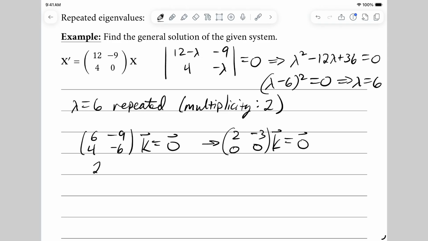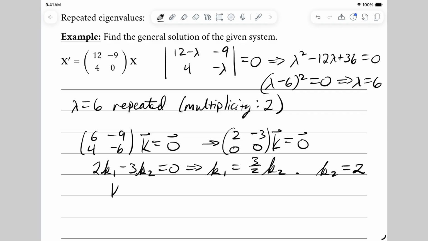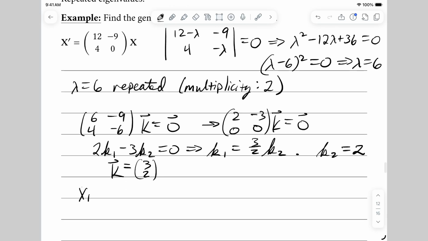That gives us the equation 2k1 minus 3k2 is equal to 0, or k1 is equal to 3 halves k2. Letting k2 equal 2 gives us the vector k is equal to (3, 2). And we have a solution x1 is equal to the column vector (3, 2) times e to the 6t. But that's all we get out of this.